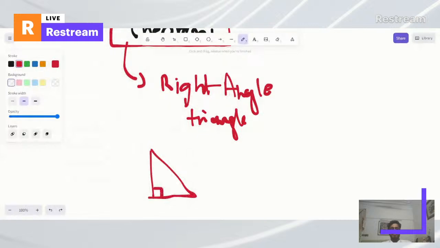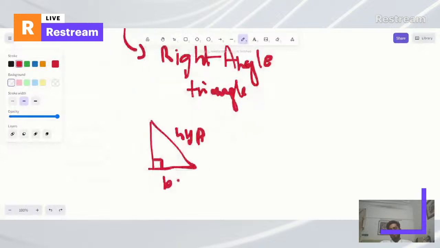Pythagoras theorem is devised to find any length: if we are given any two lengths, we can use it to find the other length. Let's say this side is called the hypotenuse, then this side is the base, and this side is the perpendicular.